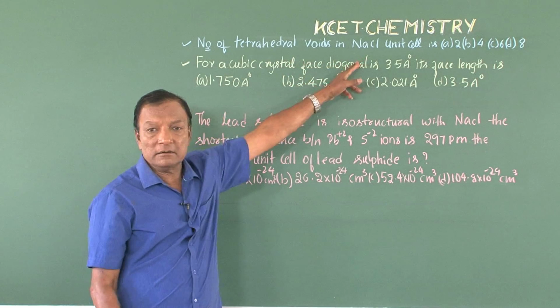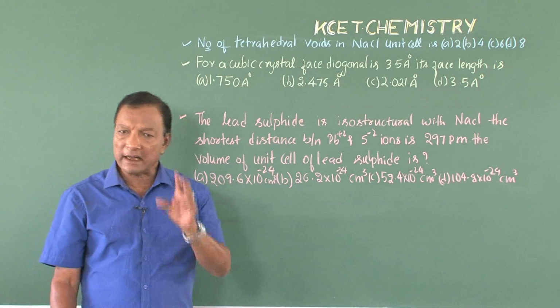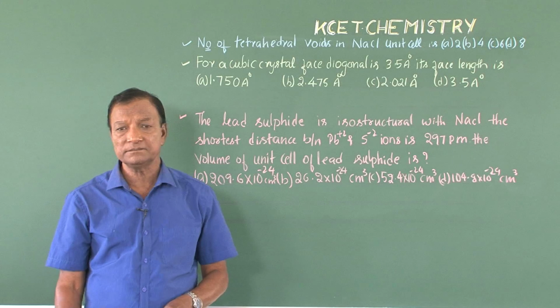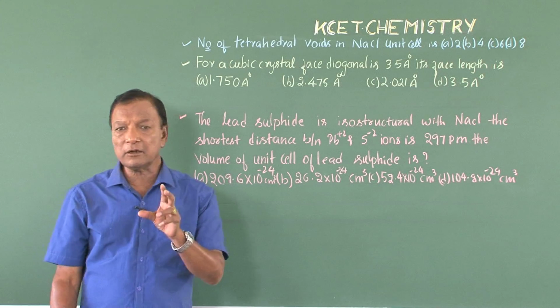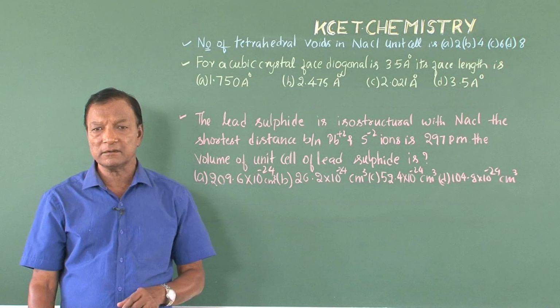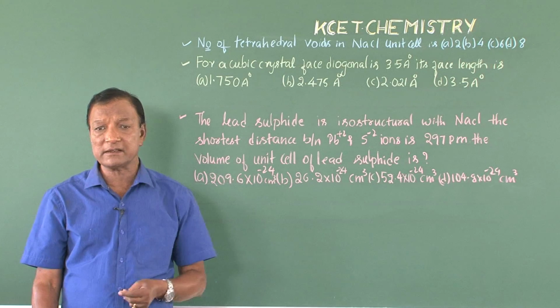About the NaCl, we know NaCl is carrying a face-centered cubic unit cell. The face-centered cubic unit cell has 4 particles in it, and each particle carries 2 tetrahedral voids.